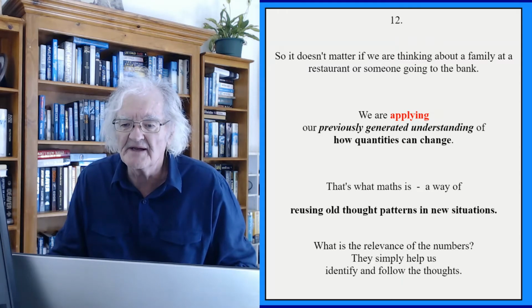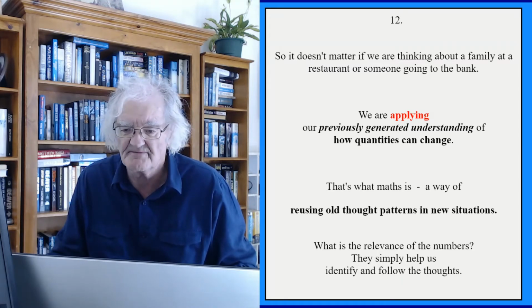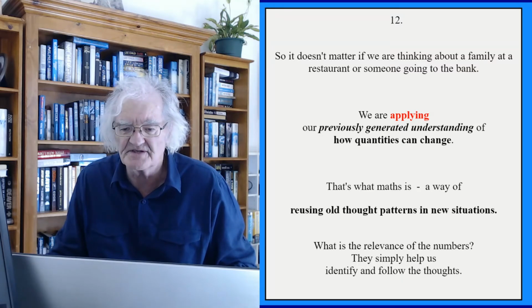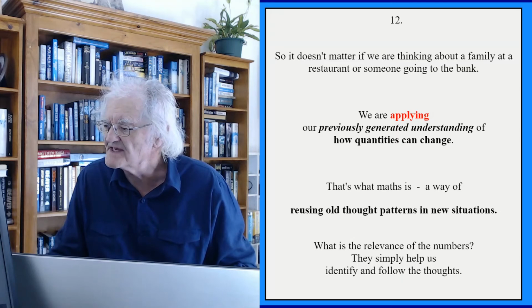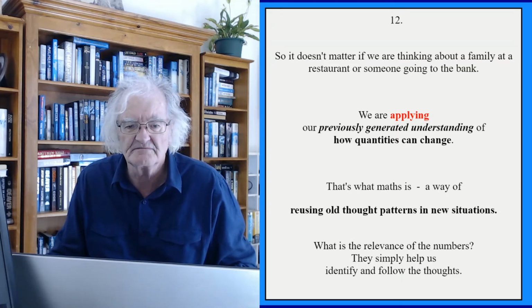We are applying our previously generated understanding of how quantities can change. That's what maths is, a way of reusing old thought patterns in new situations. What is the relevance of the numbers? They simply help us identify and follow the thoughts.